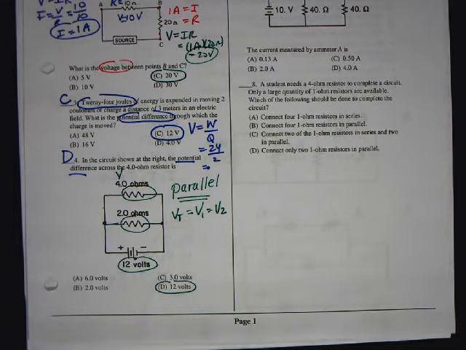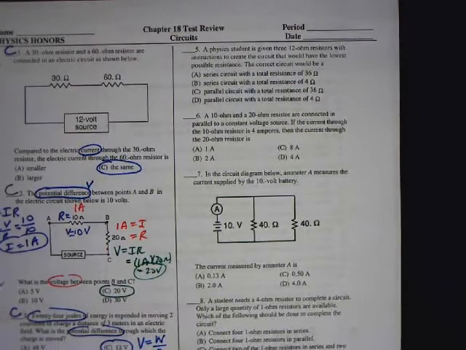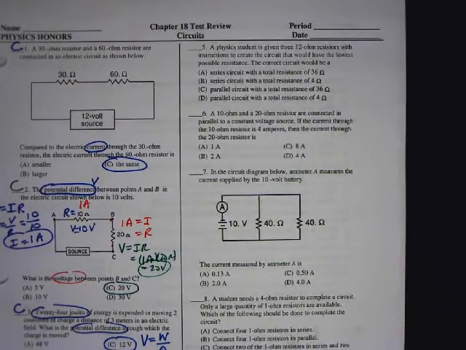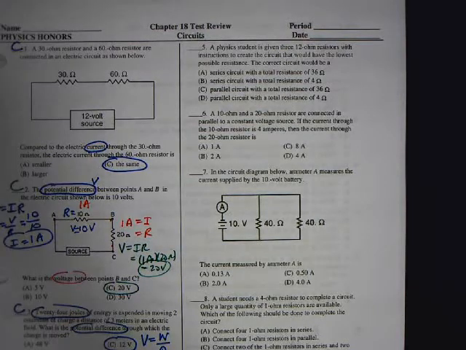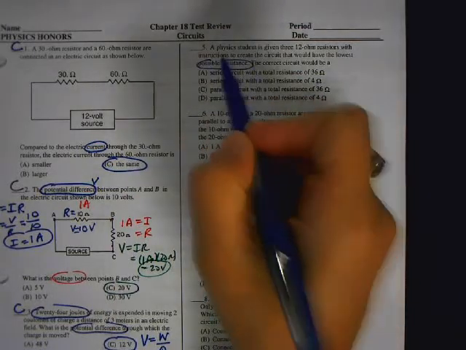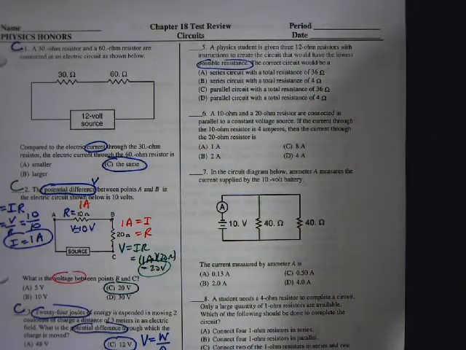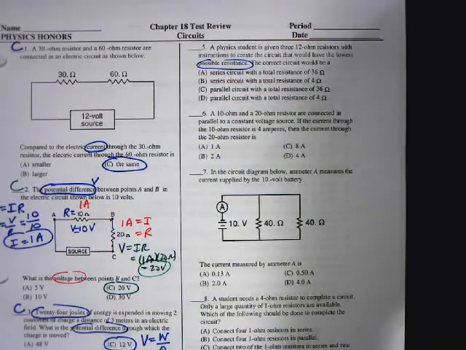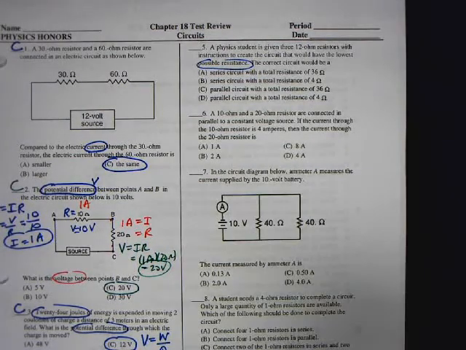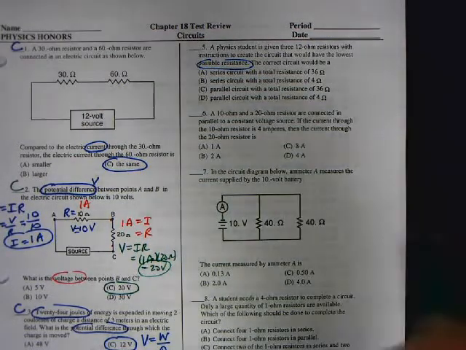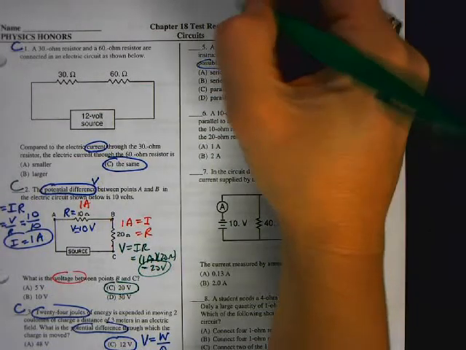Number 5. A physics student is given 3 12 ohm resistors with instructions to create the circuit that would have the lowest possible resistance. The correct circuit would be, now we know that if I was to add them in series, RT would be R1 plus R2 plus R3.